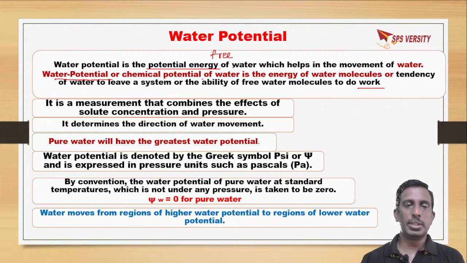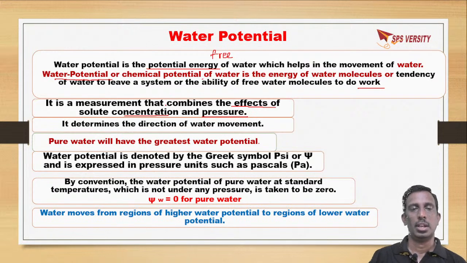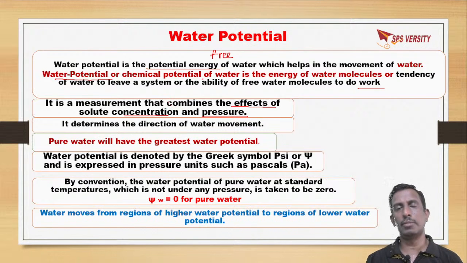Water potential is a combined effect of solute concentration and pressure. It is dependent majorly on these two factors. Pure water has more free water molecules, that's why it has the greatest water potential.